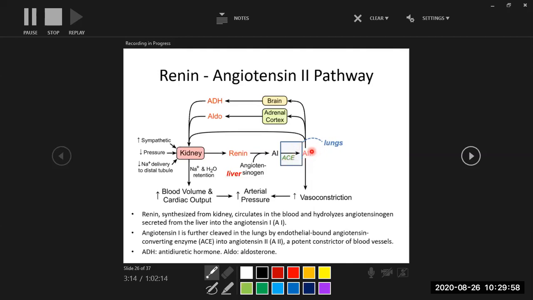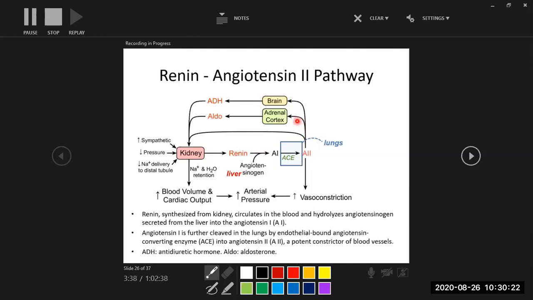So now we have the very powerful angiotensin 2. Angiotensin 2 can directly cause vasoconstriction, because by the name angiotensin, you know that it causes tension, vasoconstriction. It also indirectly causes an increase of the cardiac output.